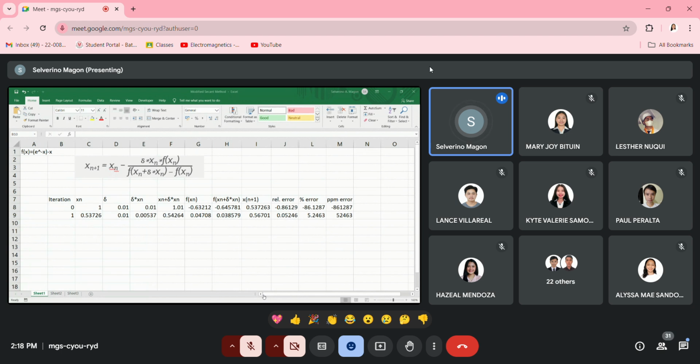So this is the same problem. We will implement this in a spreadsheet. So for our initial guess, we have the value of 1 and then the perturbation fraction at 0.01 here. And so the incremental movement at x is this one, delta times x sub n.